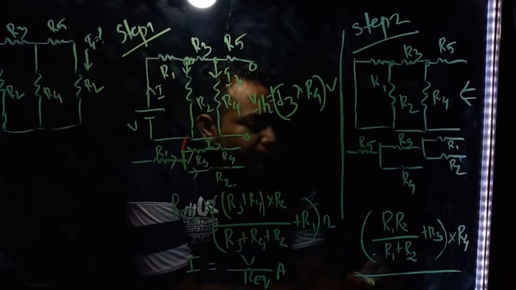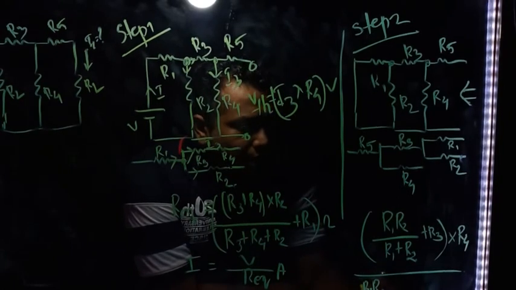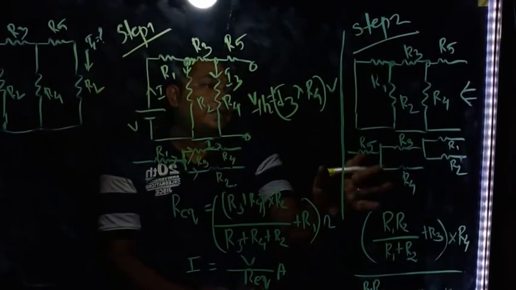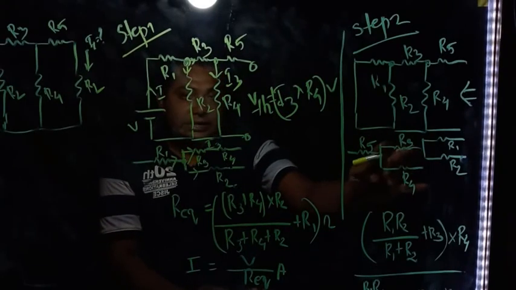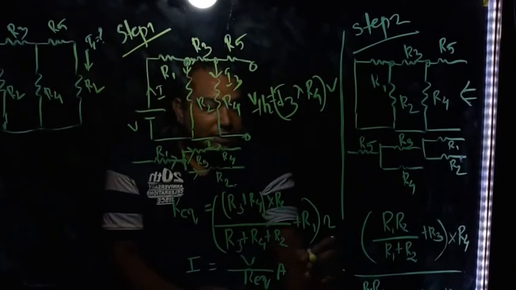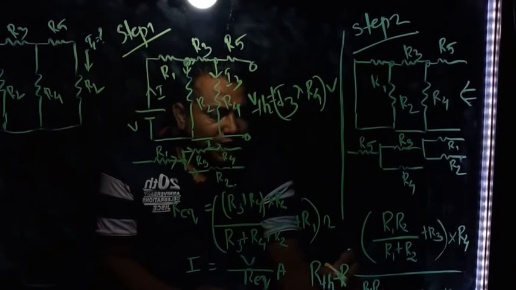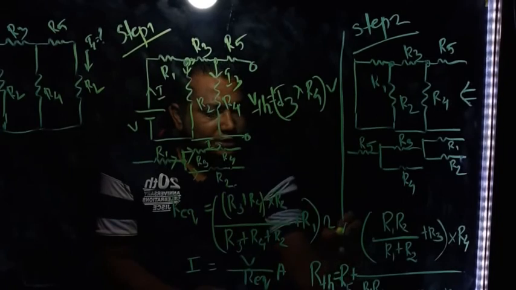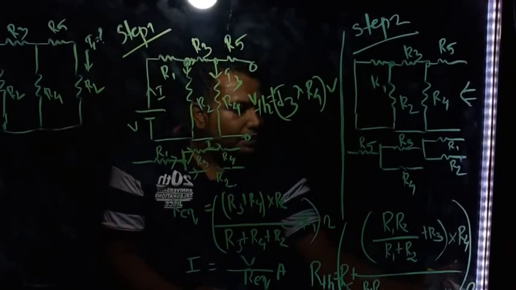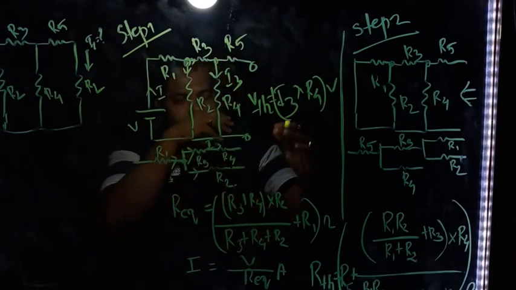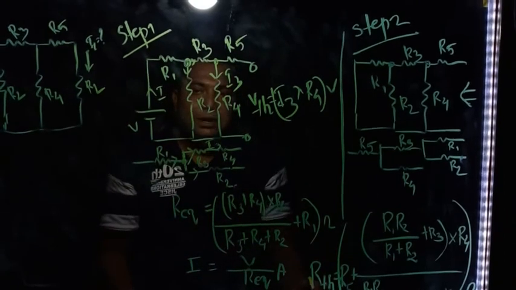So that is R1 R2 by R1 plus R2 plus R3, in parallel with R4. And this whole combination is again in series with this R5. So can we write this RTH is equal to R5 plus this whole component, which will give us the total equivalent resistance of the circuit. Like this way we can solve any problem.